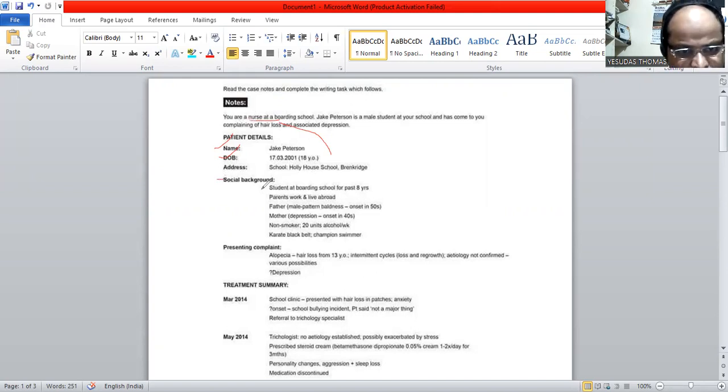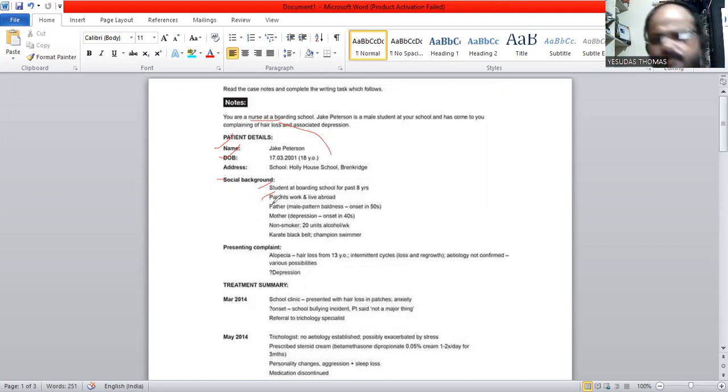Do we need this? There is no relevance in writing to the university nurse that his father works abroad or his mother lives abroad. There is no use in telling him that for the past 8 years he was at the boarding school.